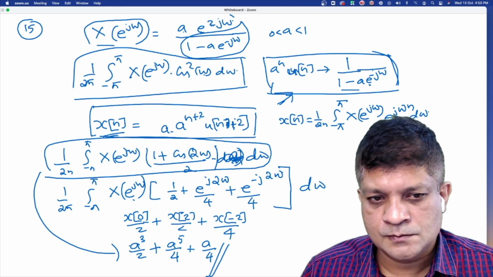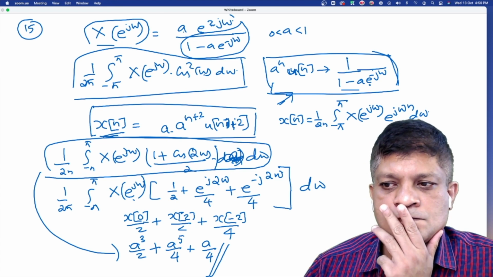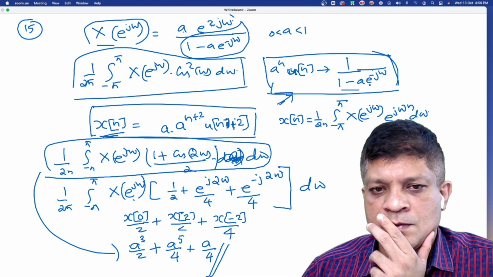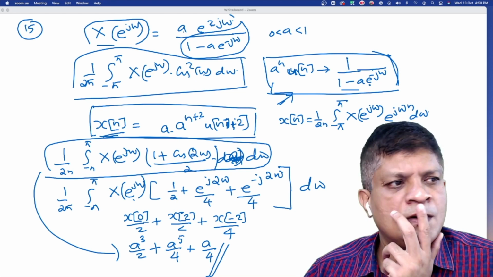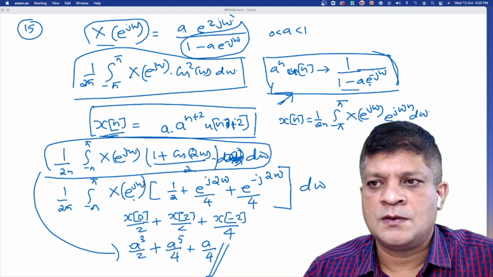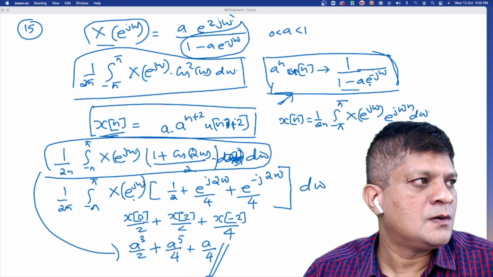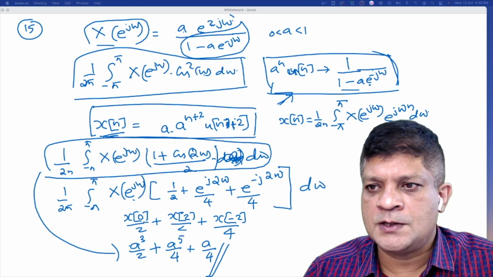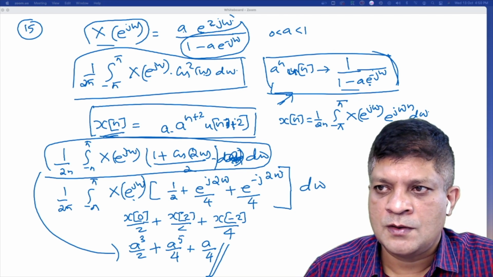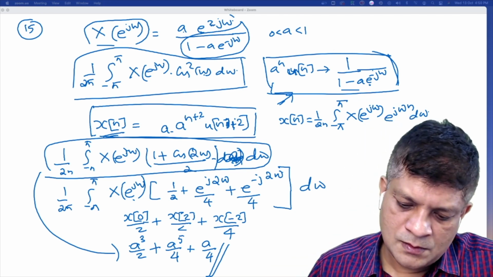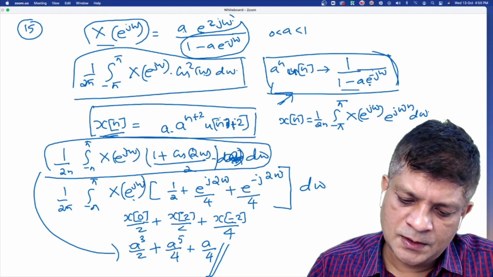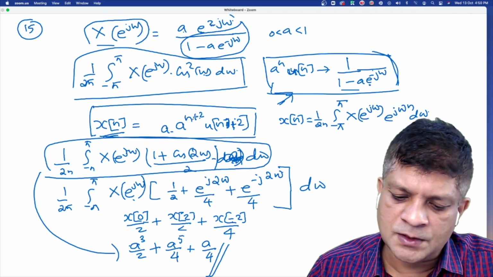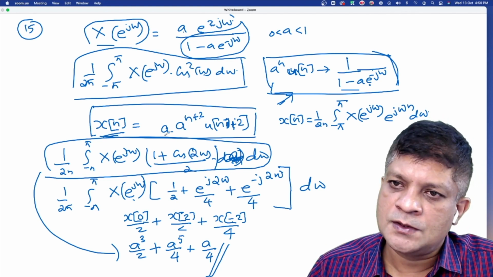Wouldn't the last term be a by 4 into u of 0? Because it's x of minus 2. x of minus 2 is what? You put n equals minus 2 here, this will be u of 0. A to the power 0 is 1, into a.